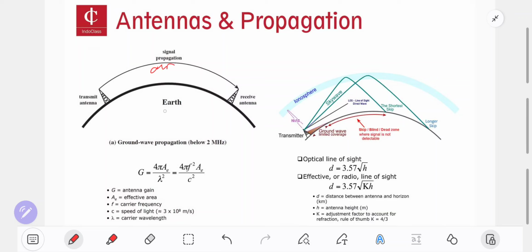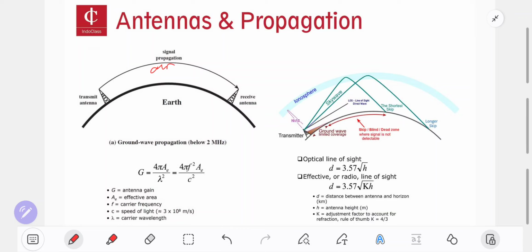Many mediums in the area, the signal can go through air or can go through space.